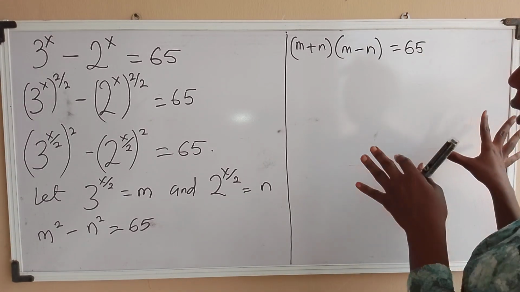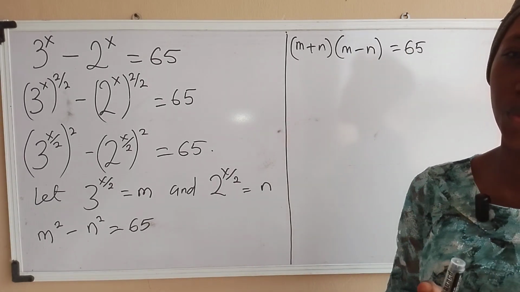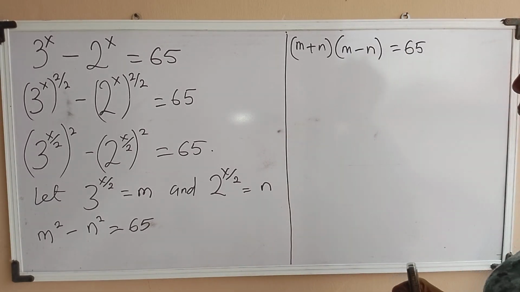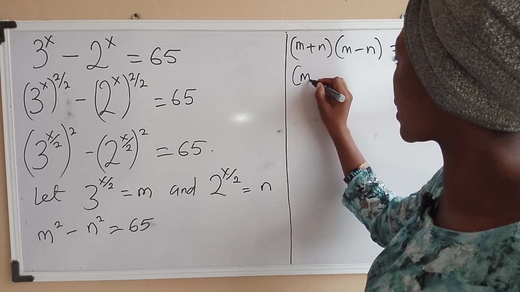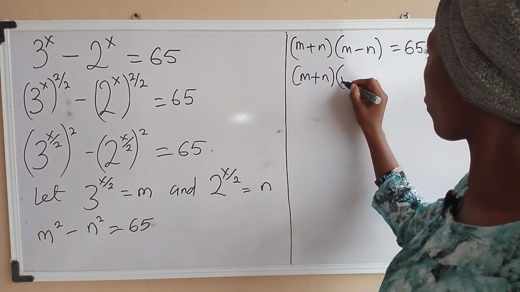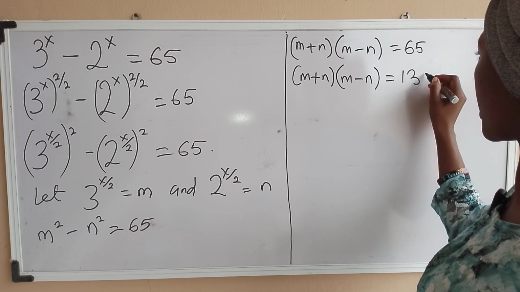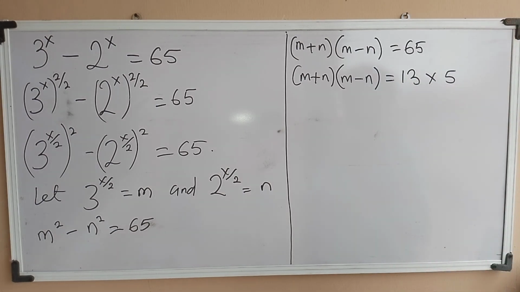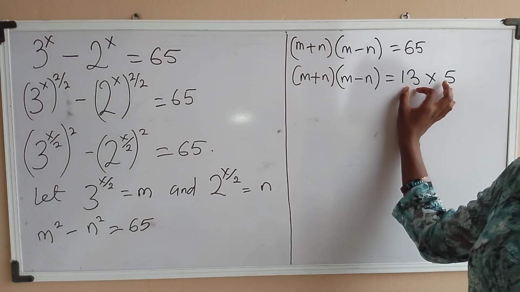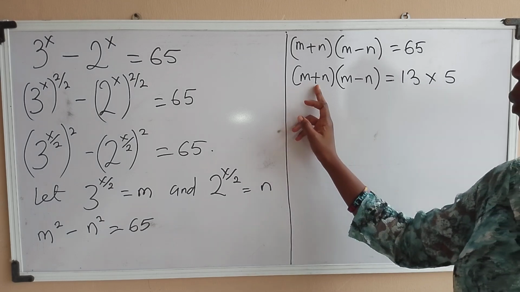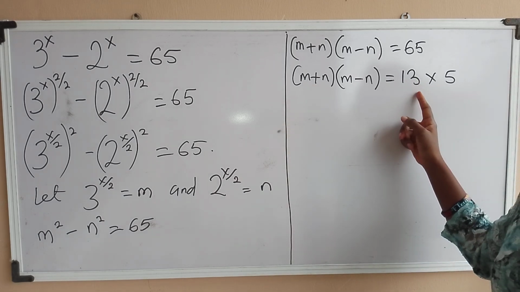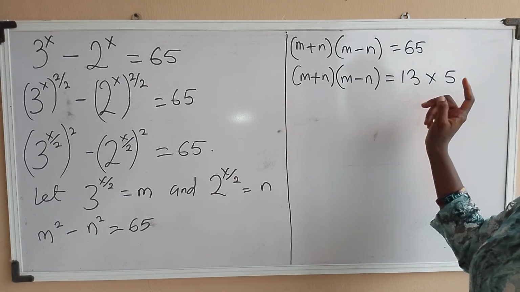So in this scenario, we are going to use 13 and 5. So we're going to place it this way: 13 and 5. Now, I place this 13 here because m plus n will equal 13 and m minus n will equal 5.